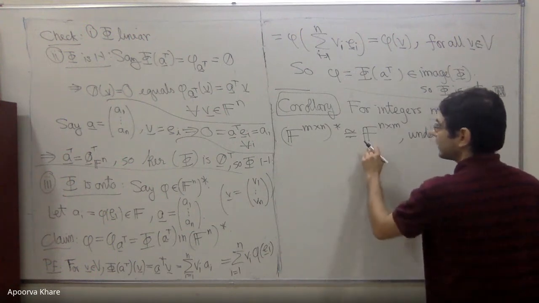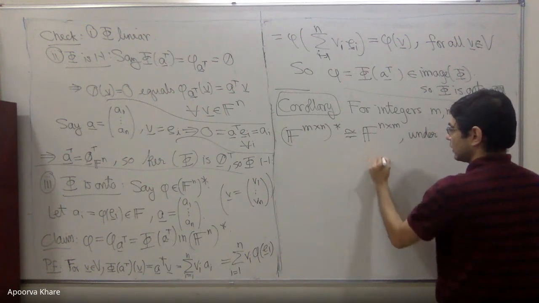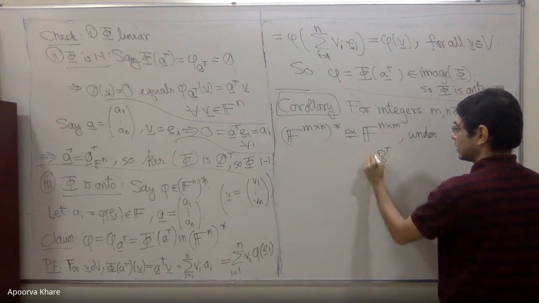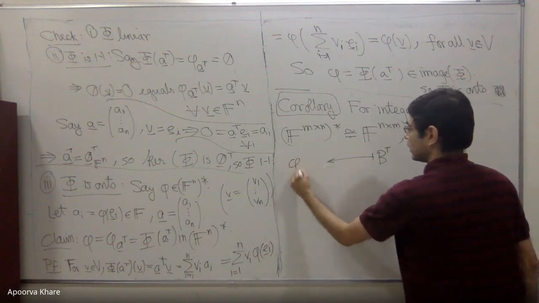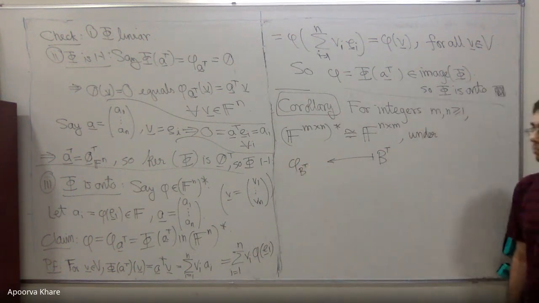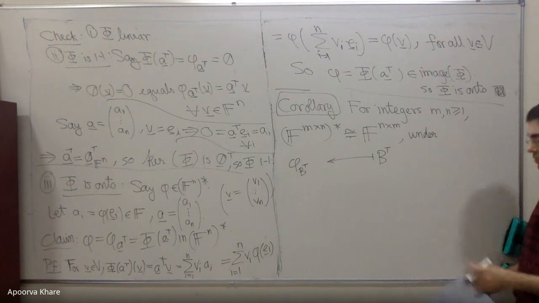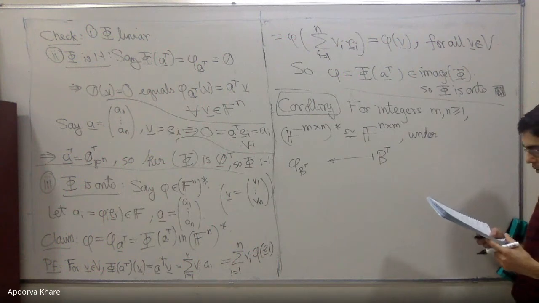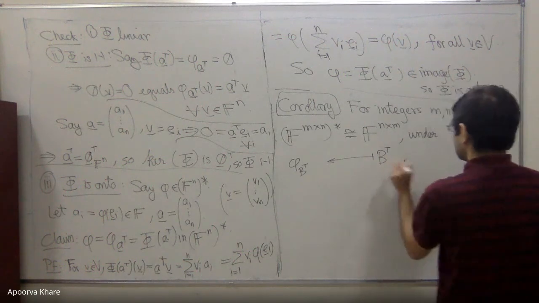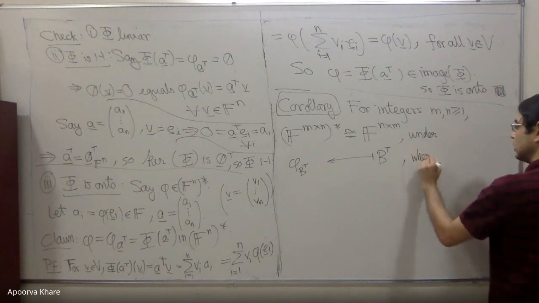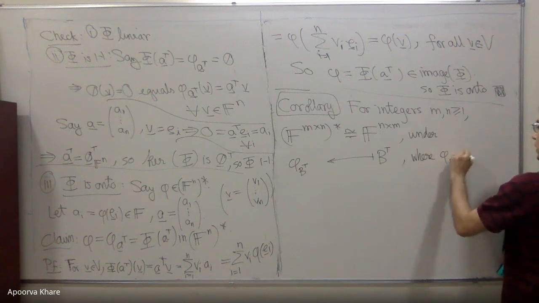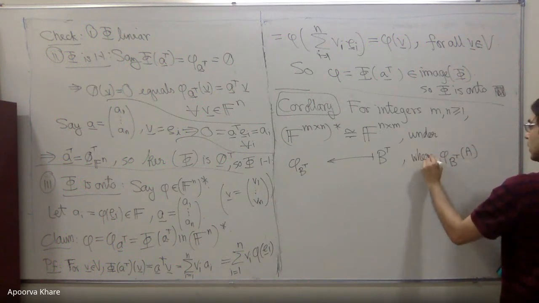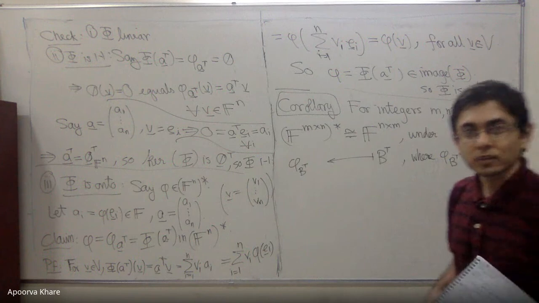So if you look at the matrix here, I will keep the same notation, phi subscript B transpose. What does phi B transpose do?